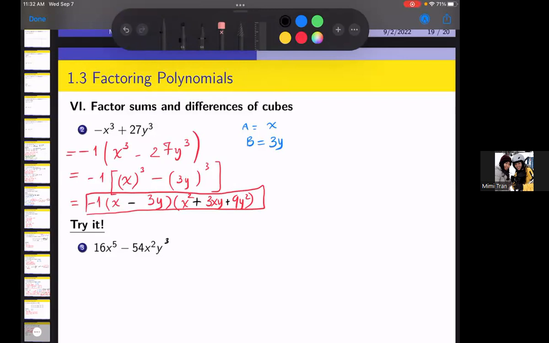Yeah, it's y cubed. Let me fix it in my notes.